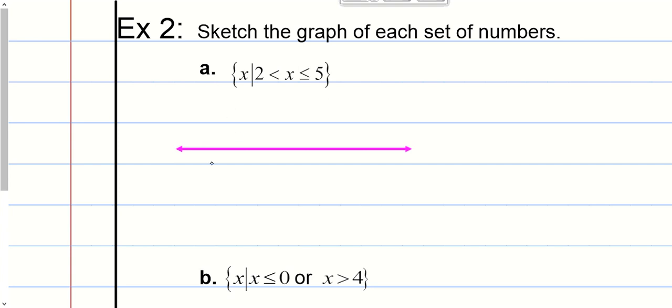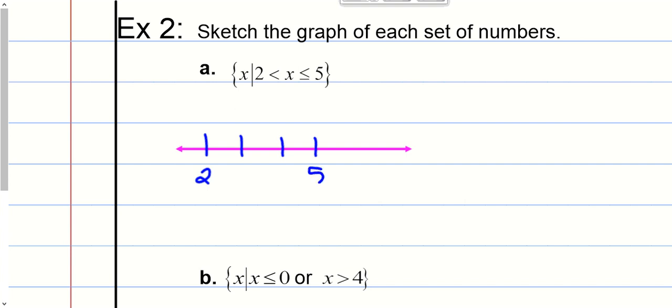Let's see if we can figure this out now. We are going to start with the set builder notation and see if we can graph this. So X such that 2 is less than X is less than or equal to 5. Well, we're not going to write all kinds of numbers on our number line. I'm not going to make you include every single solitary number there, but between 2 and 5, there's not very many. So we're going to start with our smallest number there, which is 2, 3, 4, 5.